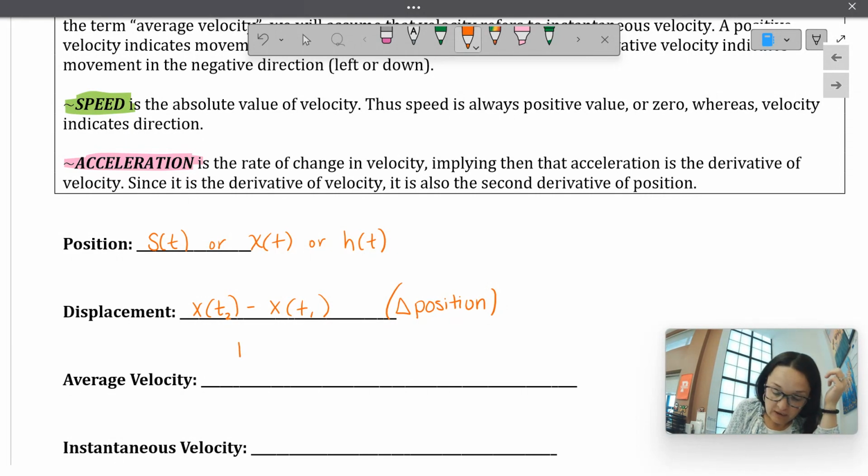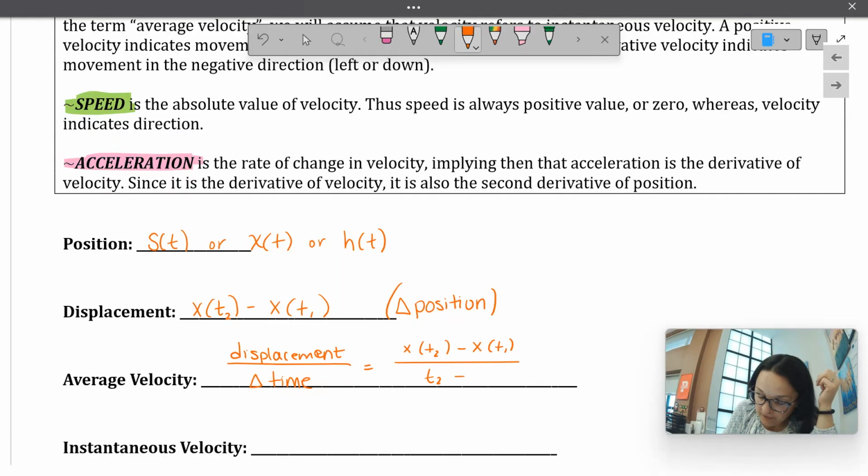Average velocity is displacement divided by my change in time. So that's going to be X of t2 minus X of t1 over t2 minus t1. Okay, average velocity is the change in your position divided by time. Average velocity has nothing to do with velocity. It's just displacement over time.